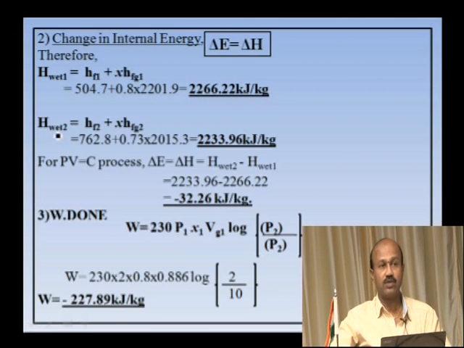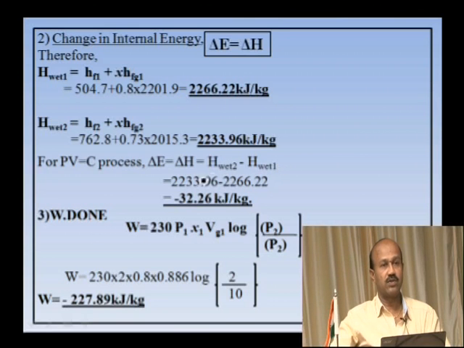Similarly, finally it is also wet in this problem. So the same relation we have used, HF2 plus x2 HFG2, taking HF2 and HFG2 for 10 bar. The x value we got is 0.73, and the value is 2233.96.